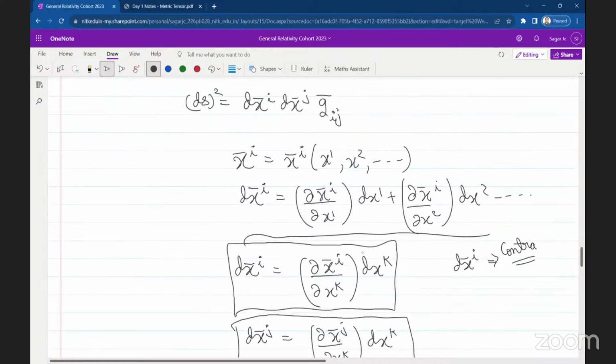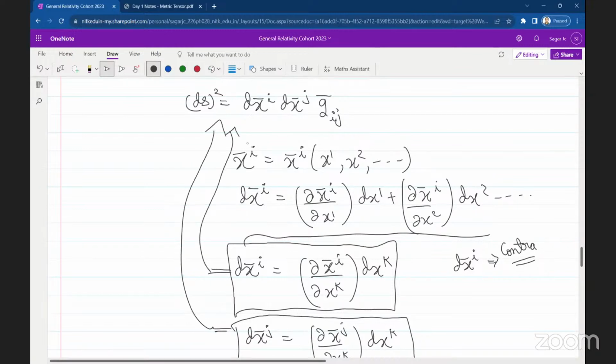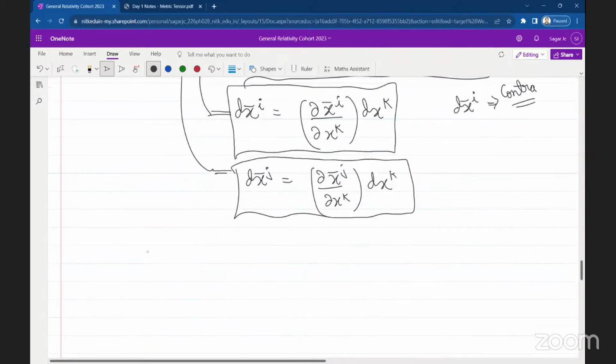Now I'm substituting these two values in here. Now we know that ds square is equal to g_ij dx_i dx_j.